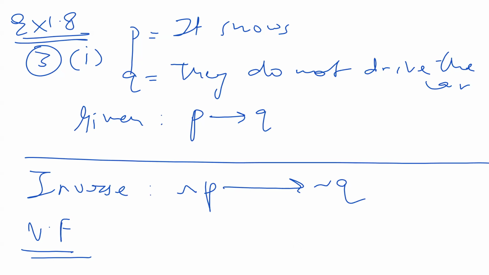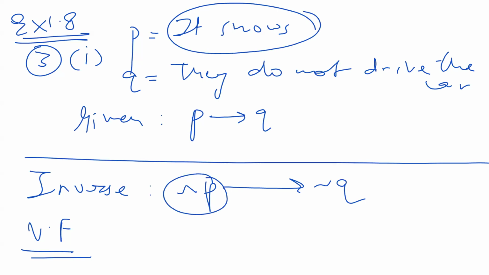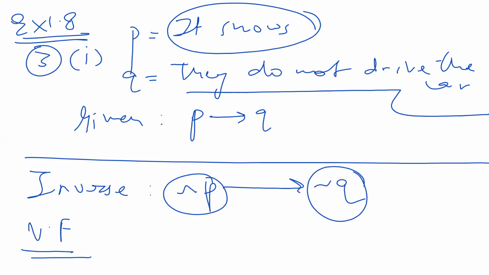If it does not snow, then they drive the car. Correct. If it does not snow, because it's negation P, but an if will come because the logical connective is implication, if then. If it does not snow, then they will drive the car. Negation Q: Q is they do not drive the car, so negation Q will be they will drive the car. Write down the verbal form clearly.